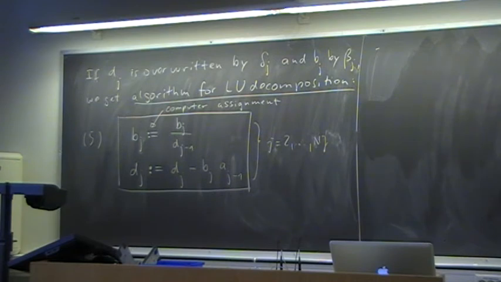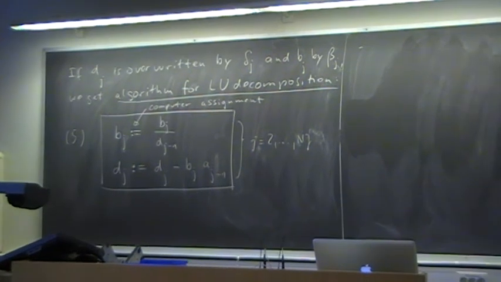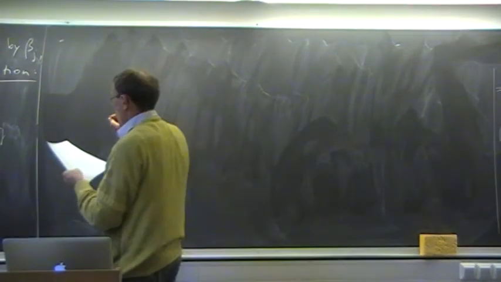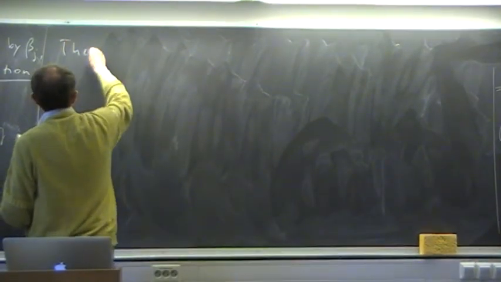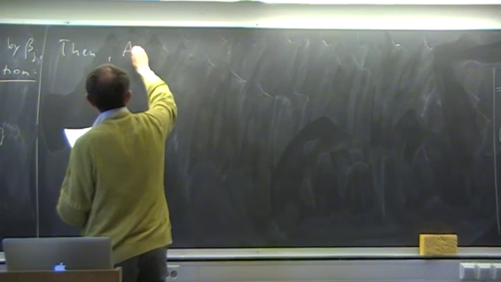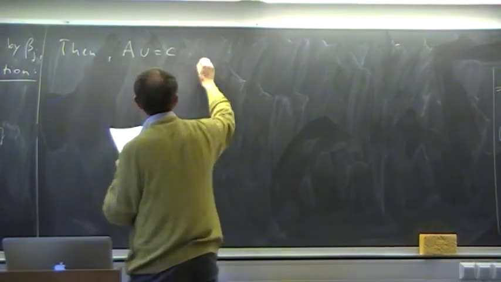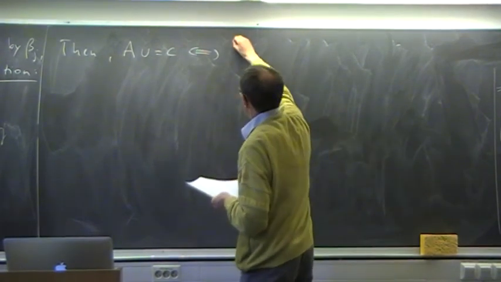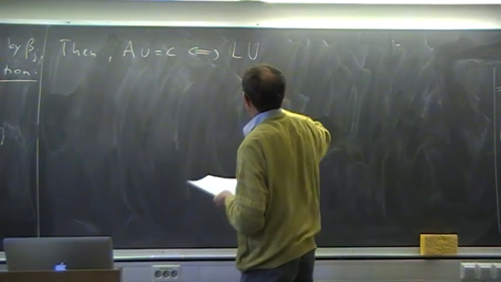So then we have the LU decomposition, and what we want to solve is A u equal to C. Now we have an equivalent problem, because A is equal to LU.